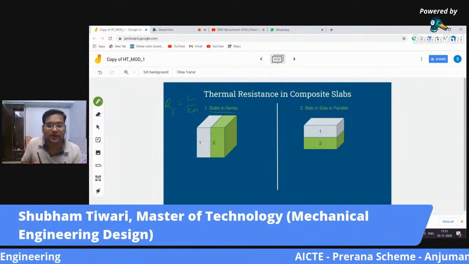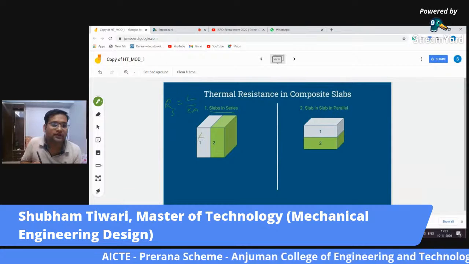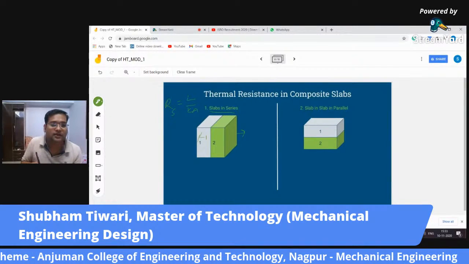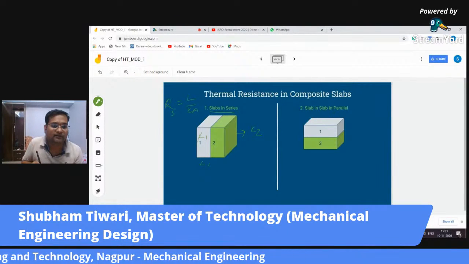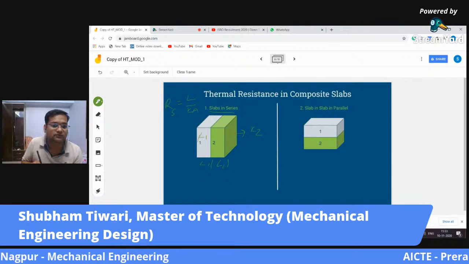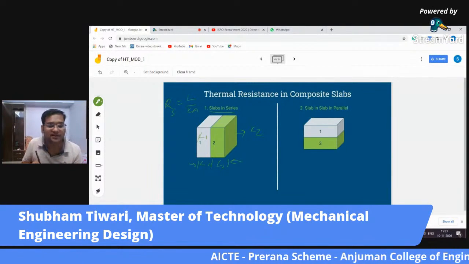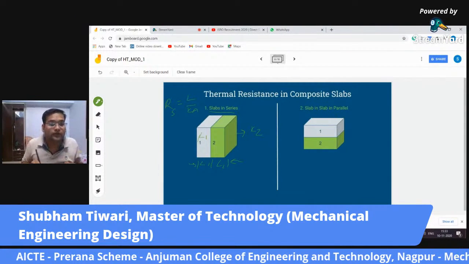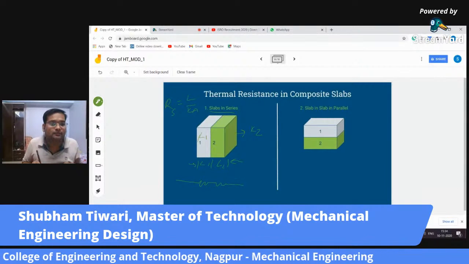Here the slabs have been connected in series. This is material 1 having thermal conductivity K1. Here the thermal conductivity is K2. Here the length is L1, here the thickness is L2. Actually, we get confused with L equal to length, but here it is the thickness of the wall. So let us draw our circuit diagram.